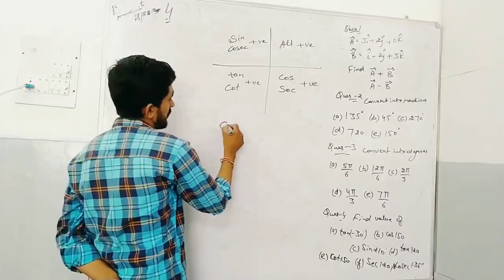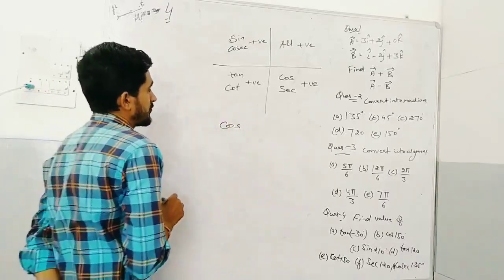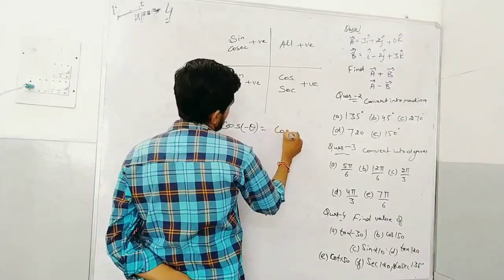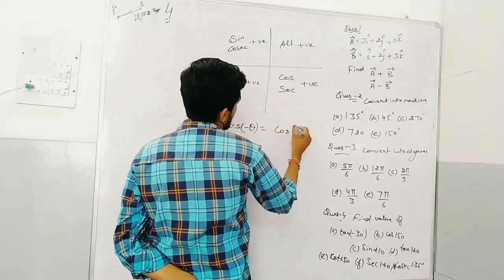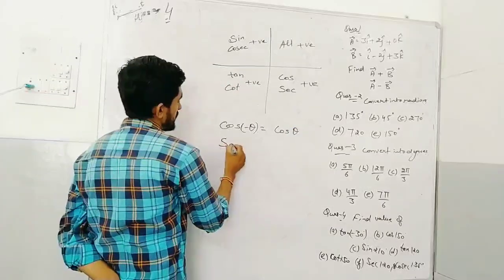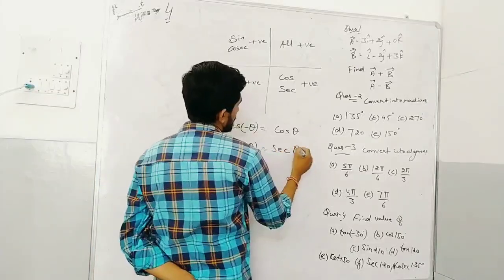Also, cos of minus theta becomes cos theta, and secant of minus theta becomes secant theta.